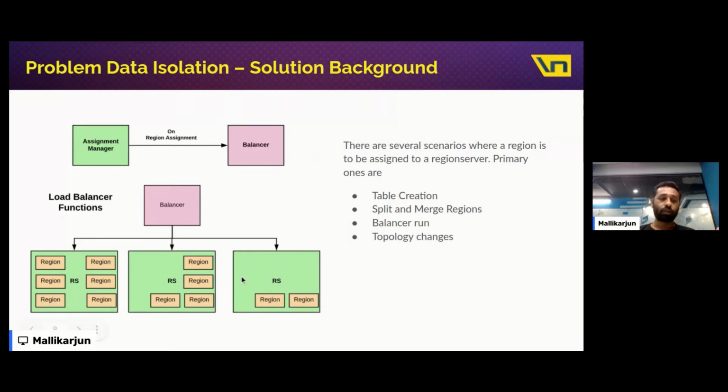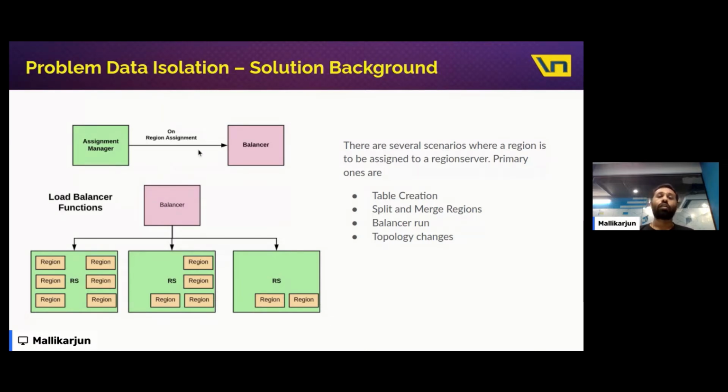It could be that you have regions being skewed, or data locality not up to the mark on certain region servers, or it could be rack awareness. So it ensures that all of these parameters, whatever is configured with balancer parameters, are handled in an optimal manner, for better utilization of resources. That is one of the functionalities of the balancer.